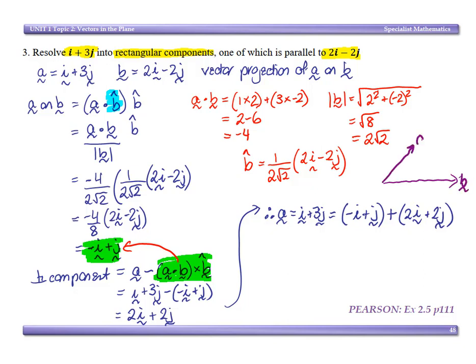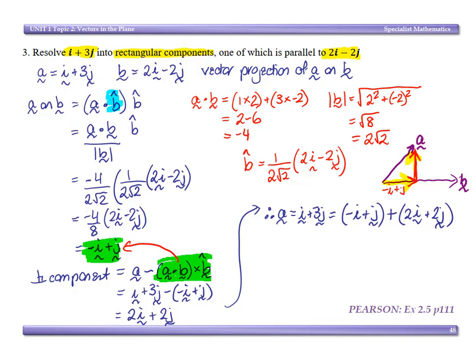This is vector B and this is vector A. First part of the question we found A on B. Second part of the question we found the perpendicular component, so you can see why A is equal to the addition of those two. And I'll write those in so you can see what I mean.